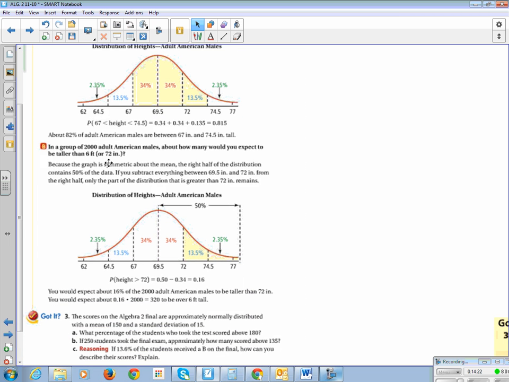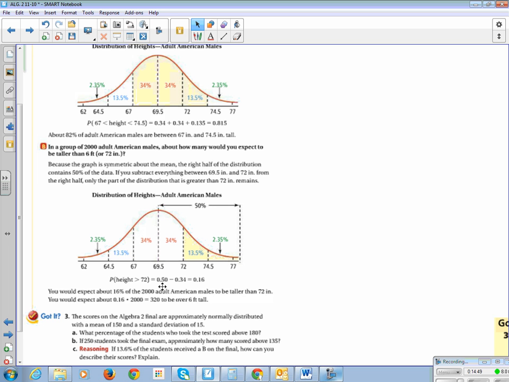Let's look at that same information, but now in a group of 2,000 adult American males, about how many would you expect to be taller than 6 feet? So you take your 6 feet, which is 72 inches, and you figure out the percentage. So this is 13.5, this is 2.35. Now the entire half is 50%.